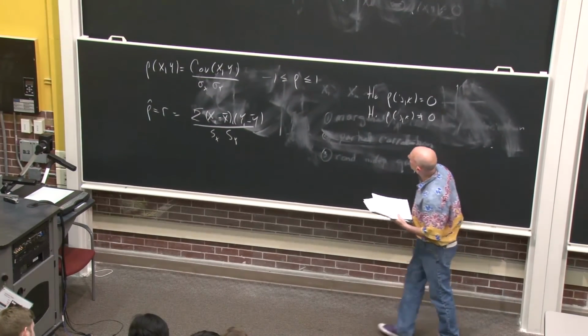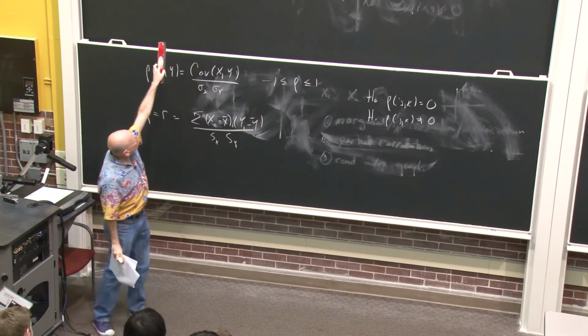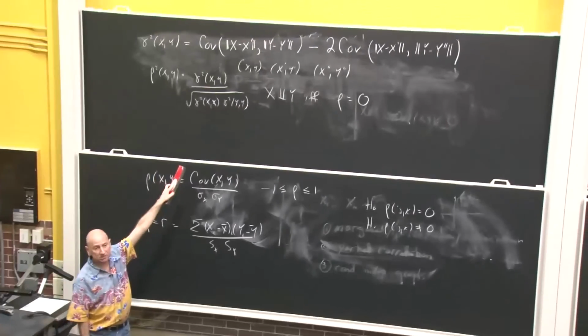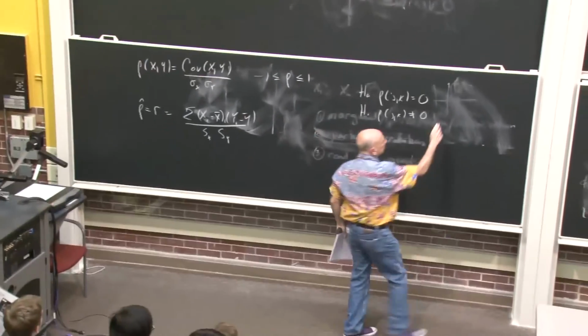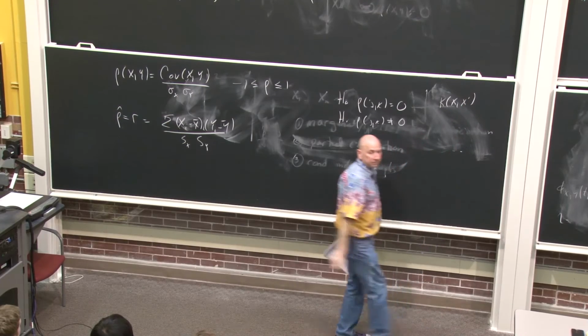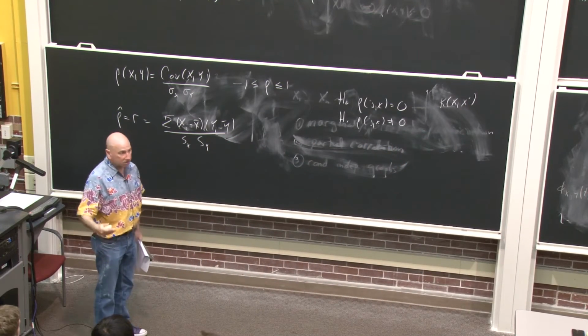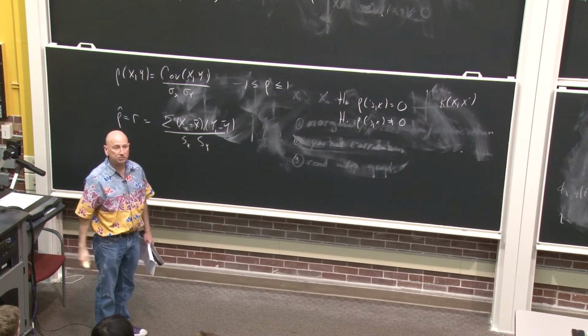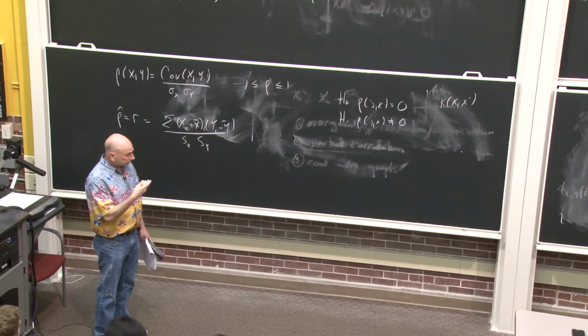Oh, and by the way, let me make a side remark. Look, I have the norm of x minus x prime and the norm of y minus y prime. You could imagine replacing that with a more general kernel instead of a norm. Right? And you can do that. And there's a whole literature, especially in machine learning, about measuring independence, doing that.